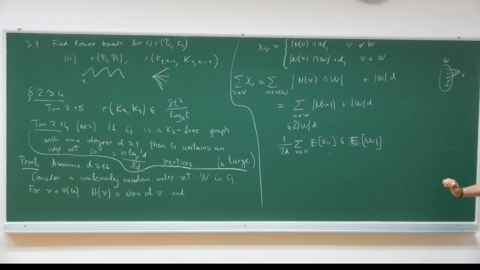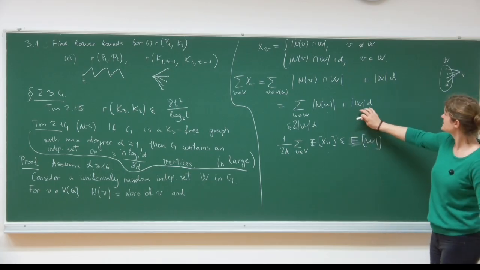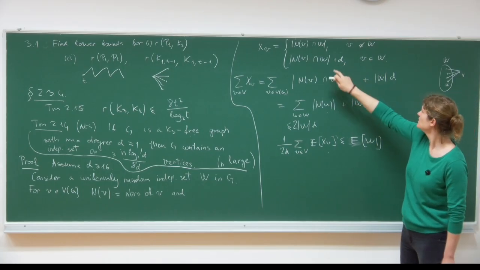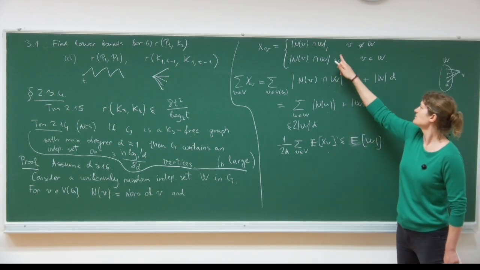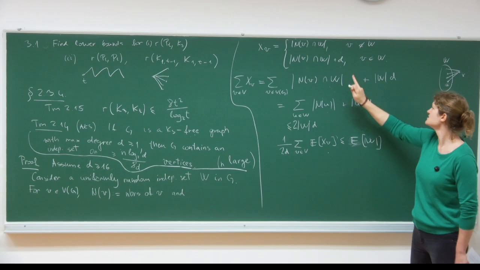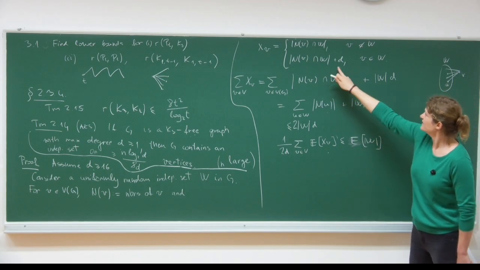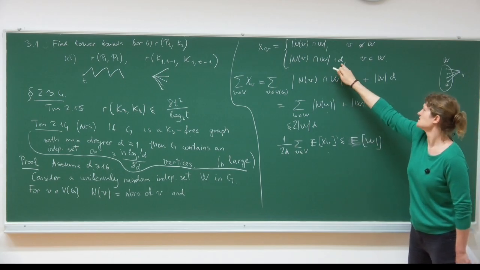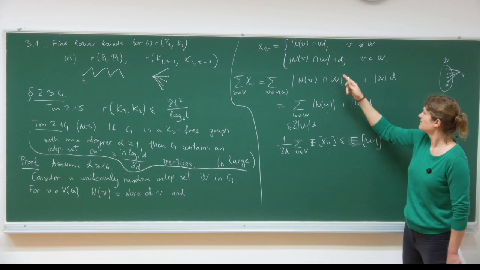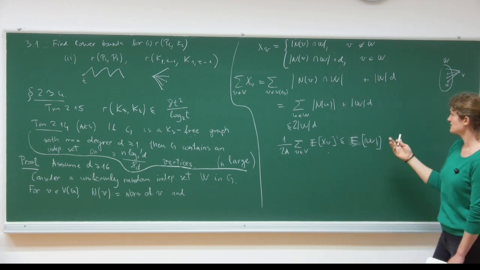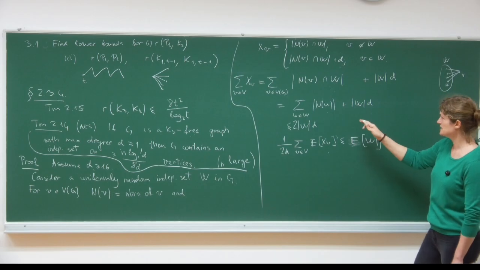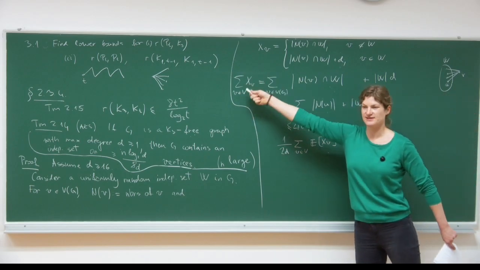So before writing that, let me just comment on this extra factor of D. Notice that here we took a factor of D because, well, one reason we took this sum to be D is that this extra term does not contribute significantly to this sum of xv's.